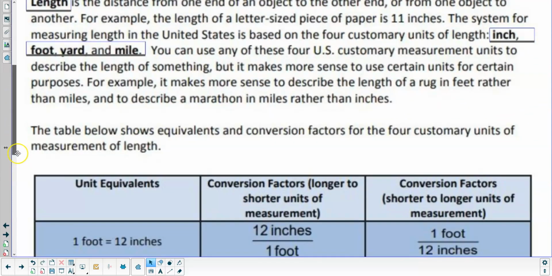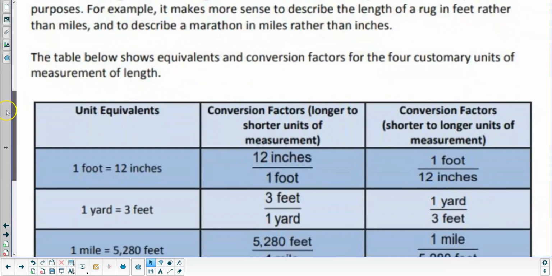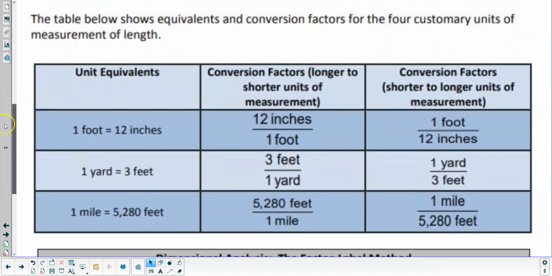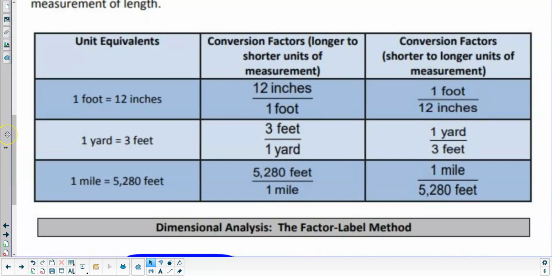Okay, so here's a little chart. It gives you some conversions that are pretty common. So you should be familiar with 1 foot equals 12 inches, 1 yard equals 3 feet, and 1 mile is equal to 5,280 feet.